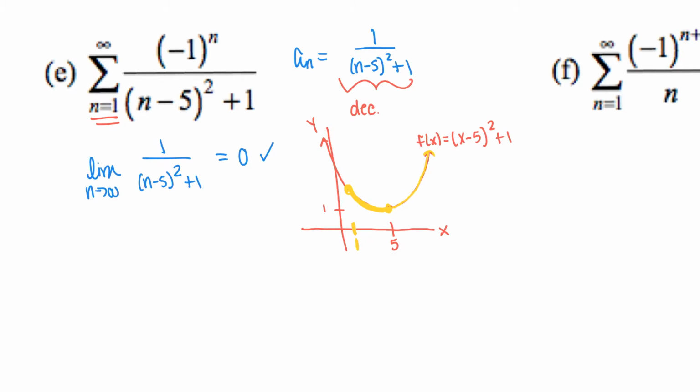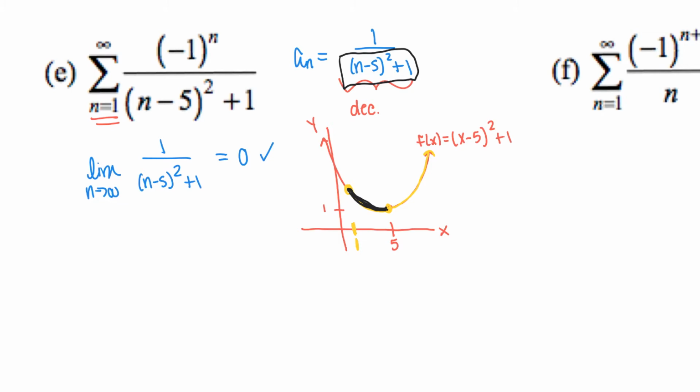Well, think about what's happening. Because this is just the denominator, if the denominator is decreasing, that would mean that the ratio of 1 over those values would actually be increasing from 1 to 5.